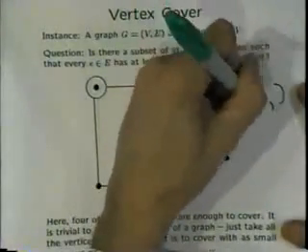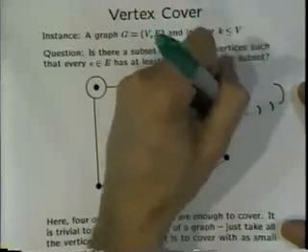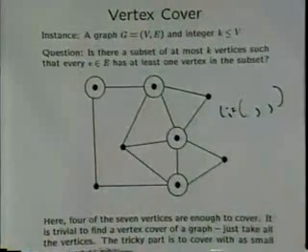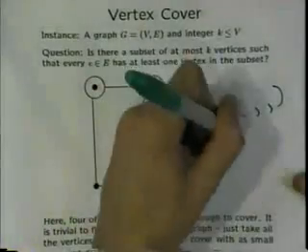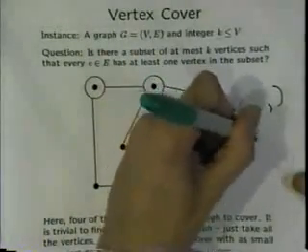What does the input to 3-SAT look like? We have clauses of 3 variables, Ci equals some clause of 3 variables. And what else do we have? Boolean variables. Vi is true or false.